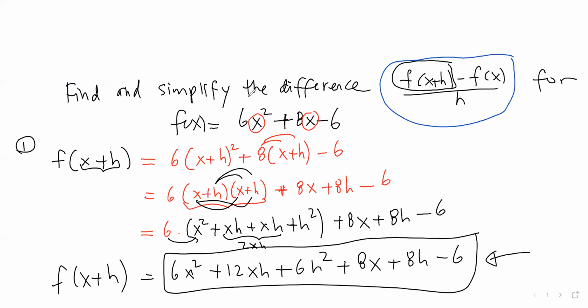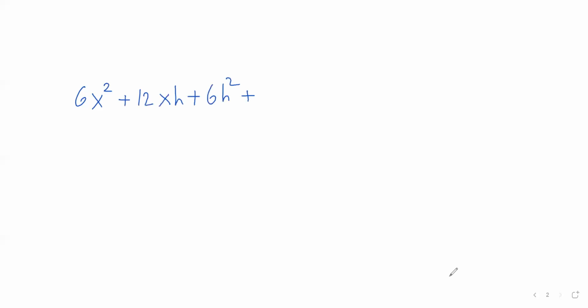So I have 6x squared, right, plus 12xh plus 6h squared, and then plus 8x, 8h, and minus 6. And I'm going to subtract, so this minus f of x.